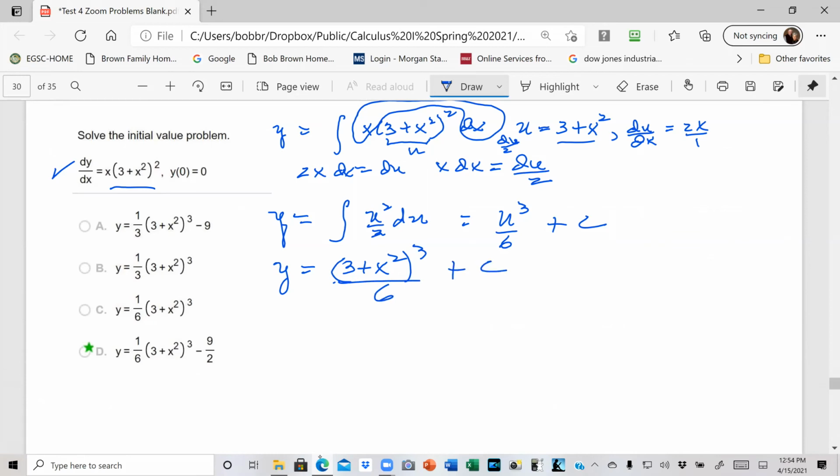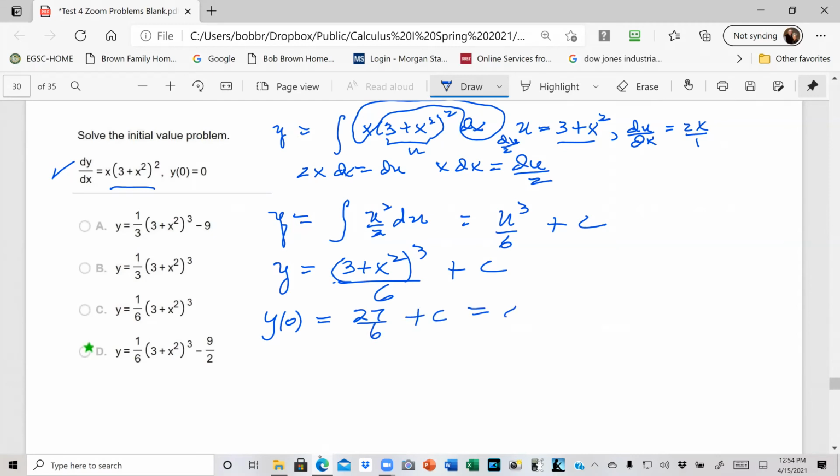So what is the constant? y at 0 is given is equal to 0. So plugging in x equals 0, we get 3 to the third power is 27 over 6 plus c.